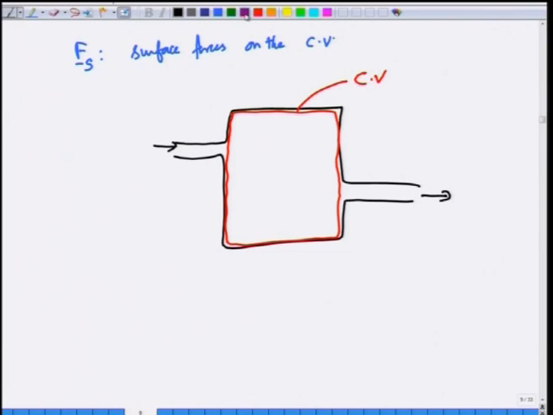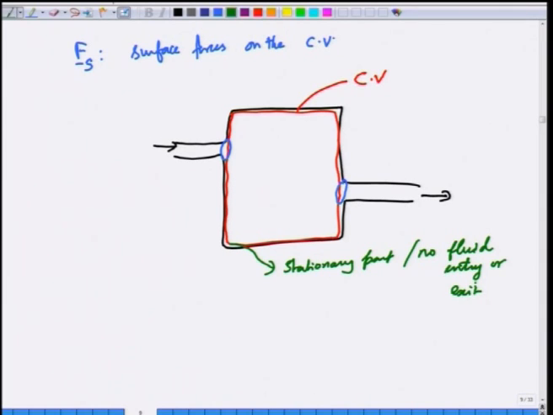The control surface can be divided into two parts: a part where flow is entering and leaving, where there is entry and exit, and the stationary parts, where there is no fluid entry or exit.